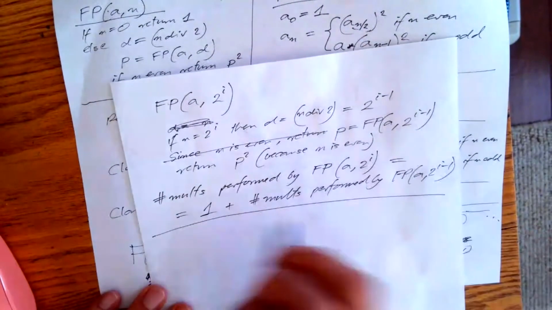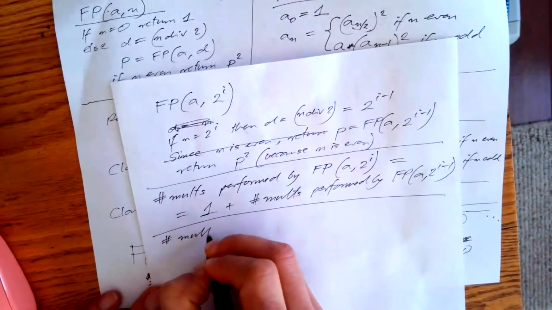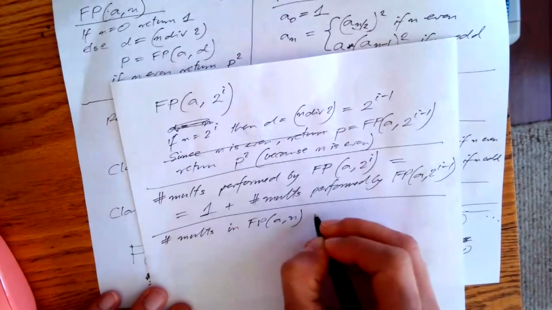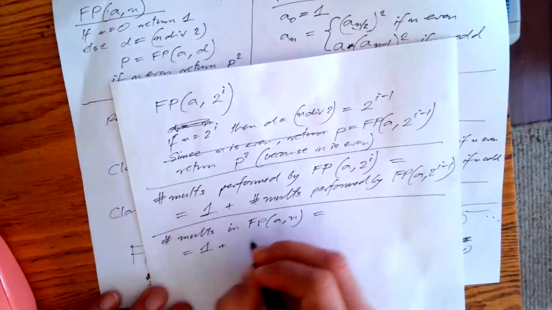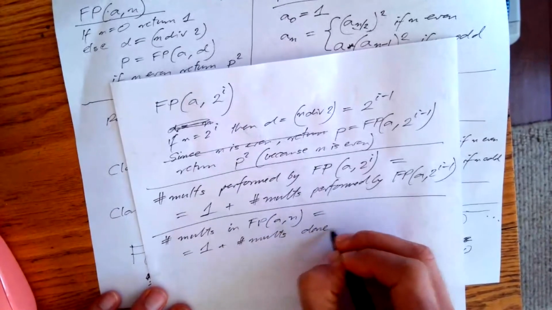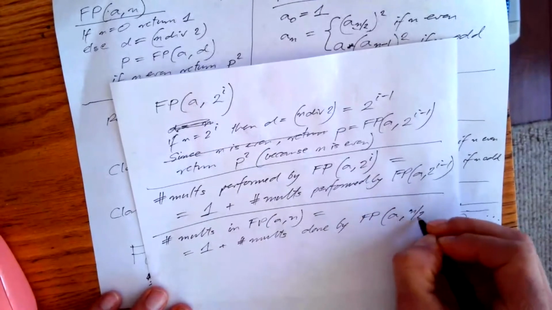So in terms of n, the number of mults done by fp of a to the n is 1 plus the number of mults done by fp on a to the n over 2.